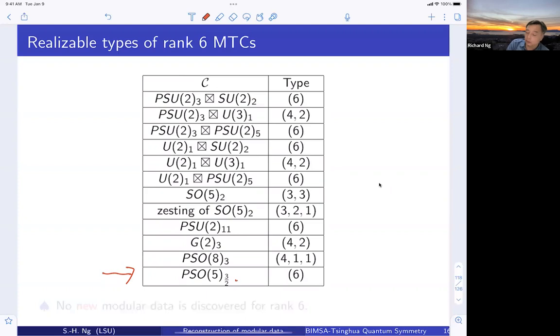So this is actually not unitary. You cannot unitarize it because the Frobenius-Schur orbit and the unit orbit are separate. They're distinct. So you will never be able to conjugate to a pseudo-unitary category. So the conclusion is nothing new for rank 6. They are all known in a sense, but at least we complete the list. That's all we have for rank 6. No new modular data discovered for rank 6.